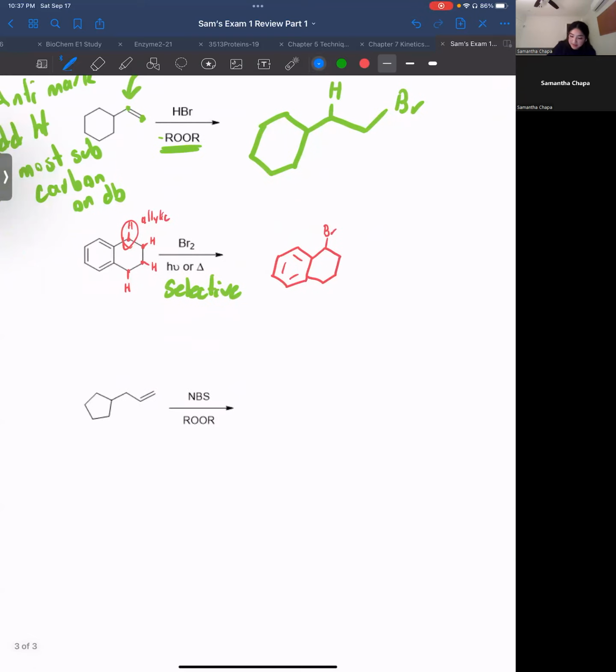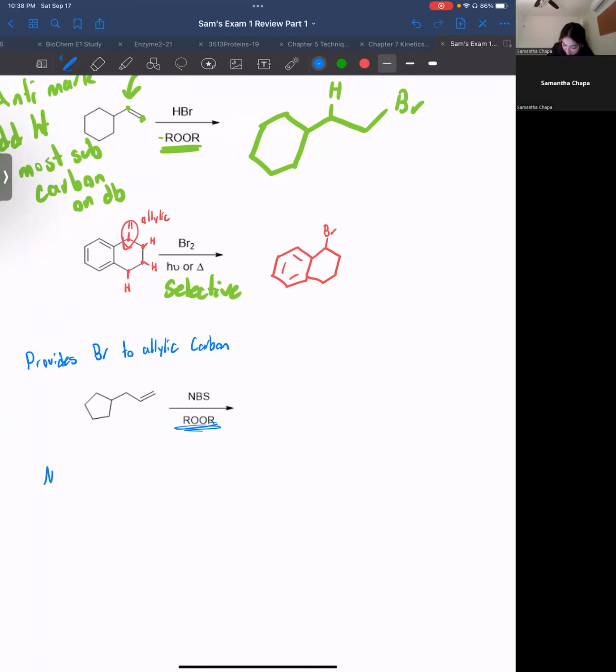What you should know about NBS is that it provides bromine to the allylic carbon. So NBS is going to be a radical reaction.